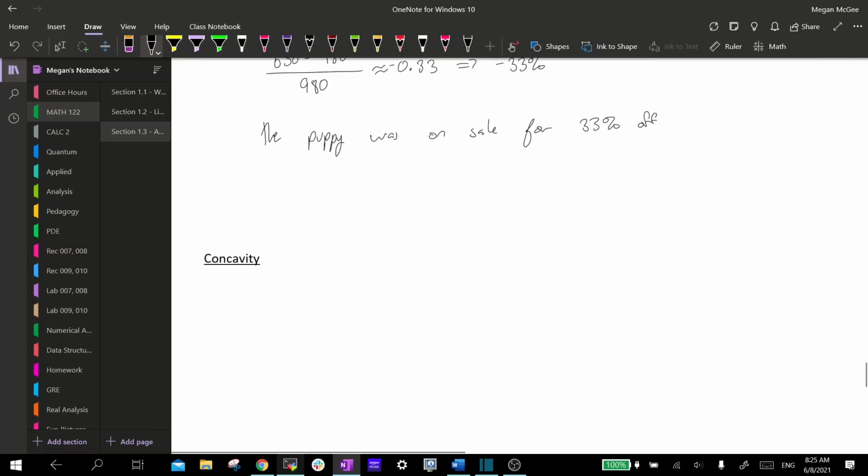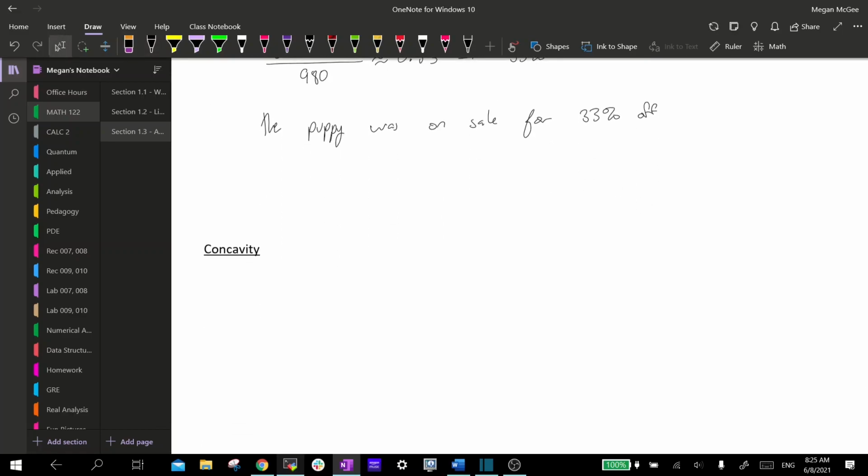All right, so now we're going to learn about a new concept called concavity. We can either be concave up or concave down. We've talked about increasing, decreasing, positive or negative functions.